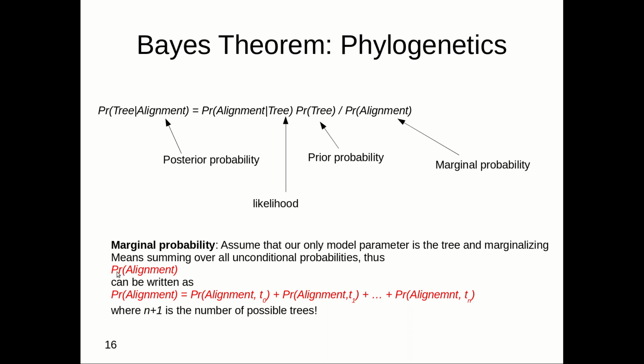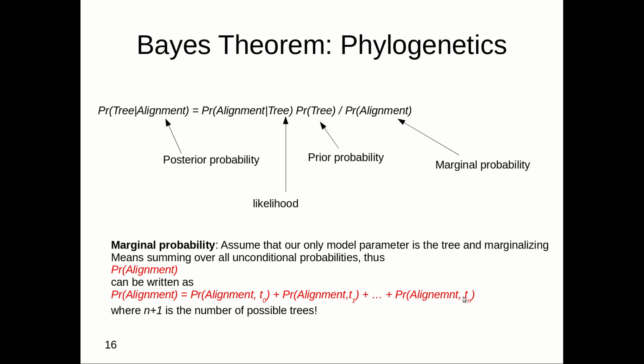So the marginal probability of the alignment can be written as the conditional probability of the alignment given tree 0 plus the conditional probability of the alignment given t1, etc., plus the joint probabilities of the alignment and Tn.